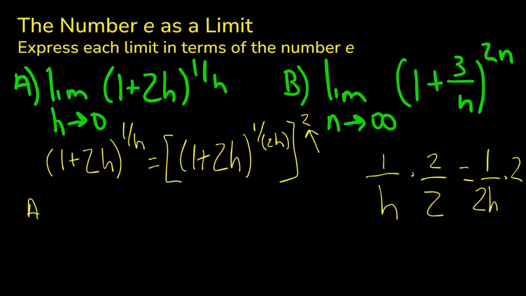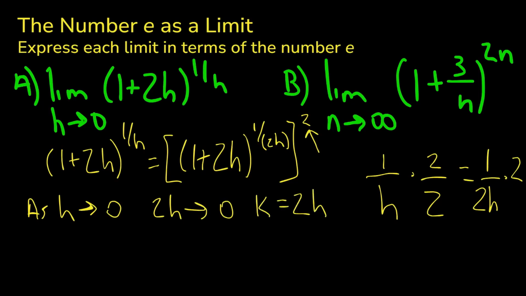So as h approaches 0, then 2h approaches 0, and we could let k equal 2h. So as h approaches 0, k approaches 0. And the reason we did that is we just want to rewrite the 2h in terms of k.